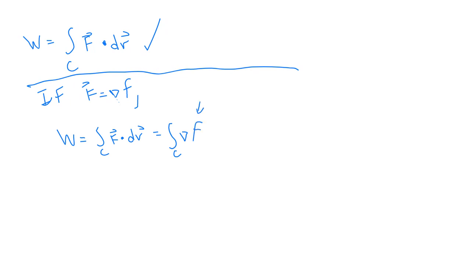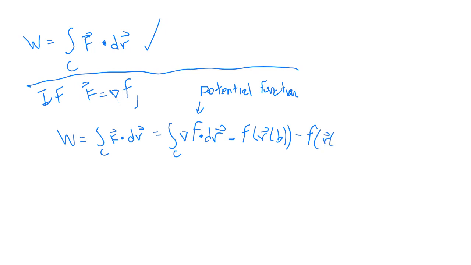We call that function f, by the way, our potential function. That work is just equal to the value of the function at the ending point minus the value of the function at the beginning point.